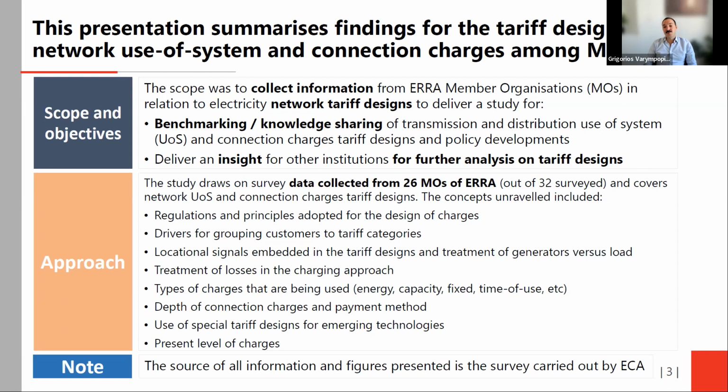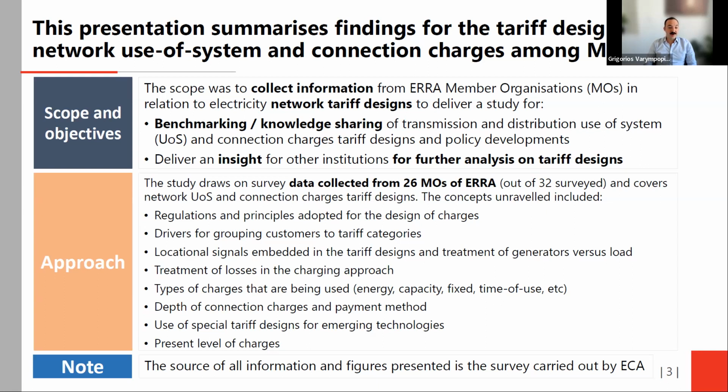And the concepts we looked to unravel included regulations and principles, drivers for grouping customers, locational signals, the treatment of generation versus load in the charging design, treatment of losses, type of charges that are being used, energy, capacity, fixed charges, time of use charges, the depth of the connection charge, the payment method applied for connection charges, sharing the factors for connection charges, and as I mentioned earlier, also use of special tariff designs for emerging technologies.